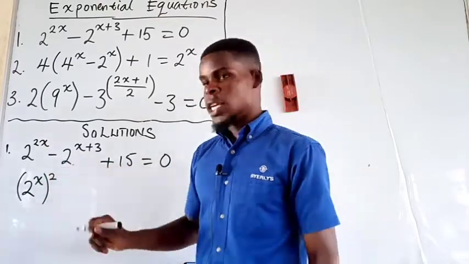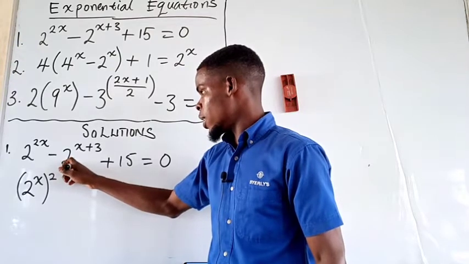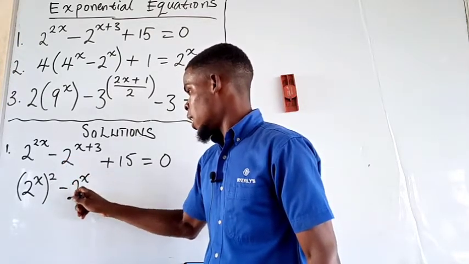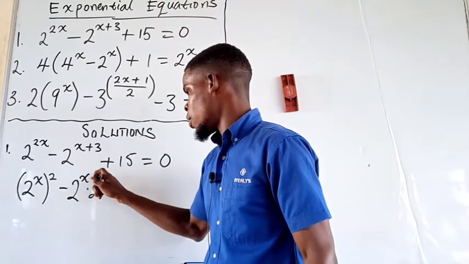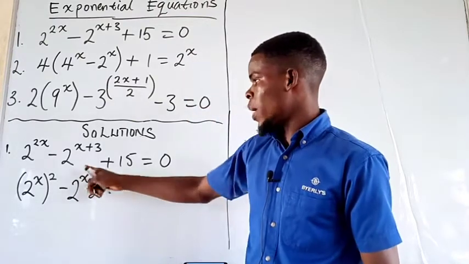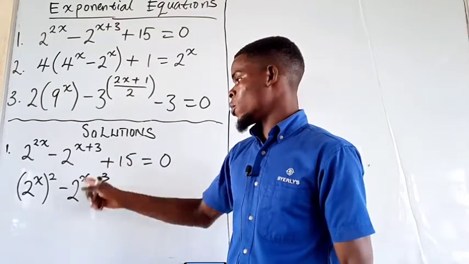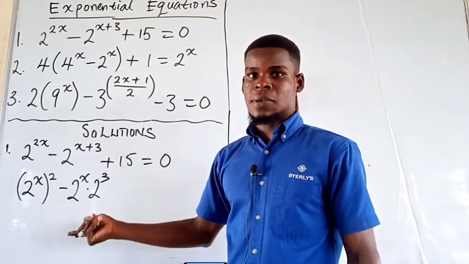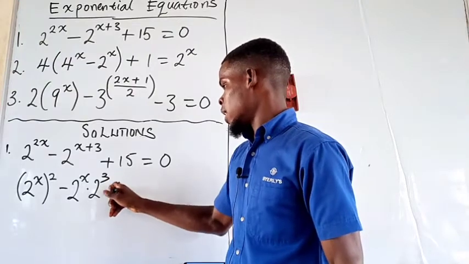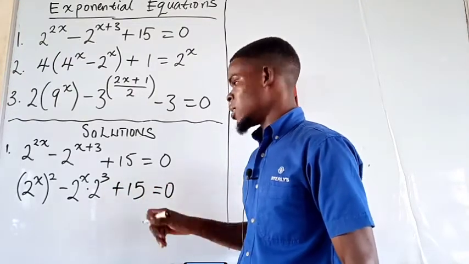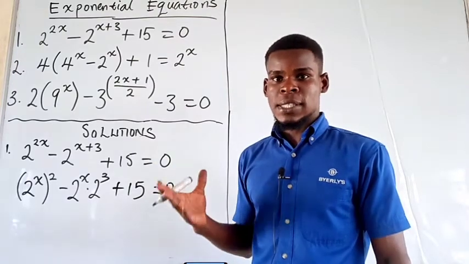The second term here, I can write as 2 to the power of x, and I multiply it with 2 to the power of 3. By the law of indices, we can just add the powers when the bases are the same and are being multiplied together. Then we add 15 to that. 15, we don't need to rewrite in another form because it's just the constant term.